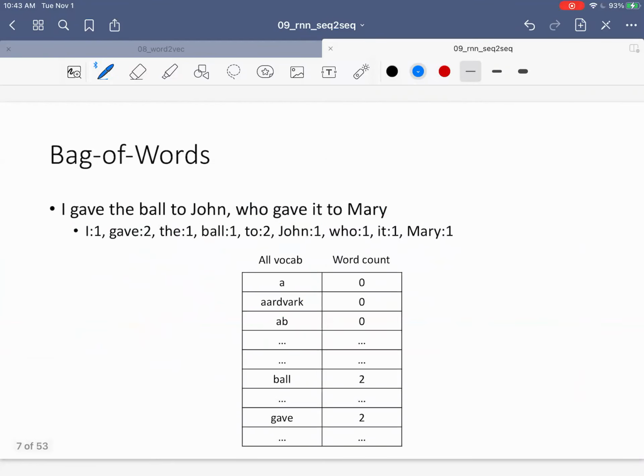Just like this, you have all the vocab, which could be 50,000, and then you can just count the number of times each word occurs in the sentence. All your sentences, all your text, all your documents, all your paragraphs, whatever, is always a 50,000 dimensional vector. But then we talked about how it's not a very good idea. Think about the way we talked about word embeddings, and how a cat, 0, 0, 0, 1, 0, 0, whatever, could be represented in 2 ways.